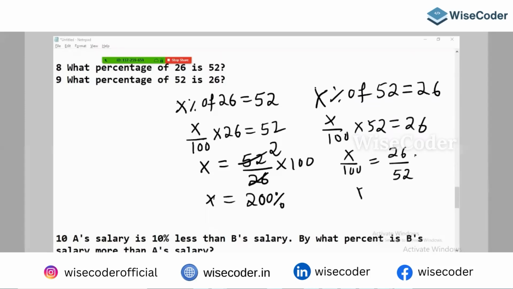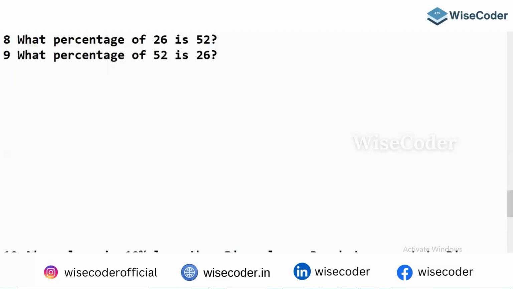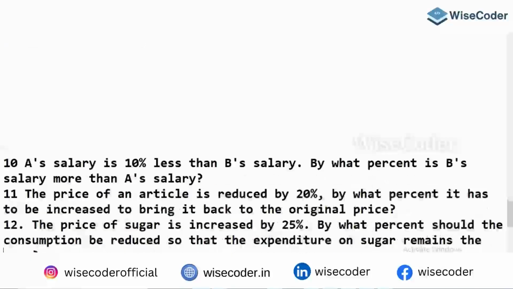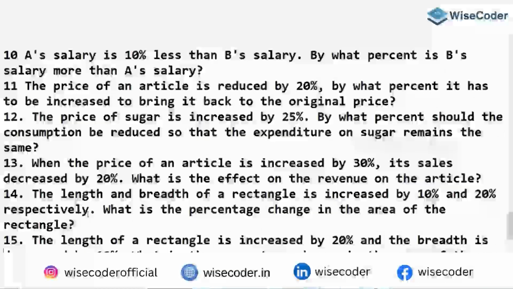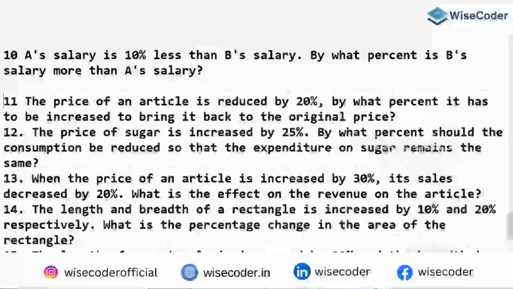So x equals 26 by 52 into 100. 52 ones are 52, 52 twos are 104, so x is 50%, half of that. In 52, 26 is 50%. In 26, 52 is double of that, which is 200%. Let's go to the next question.